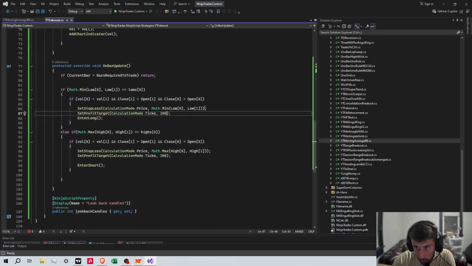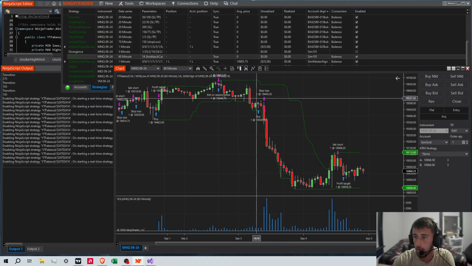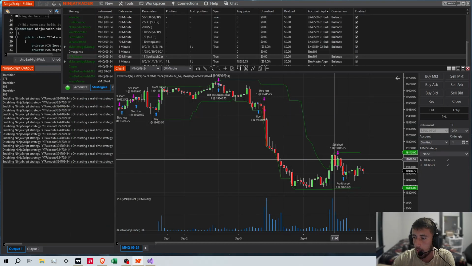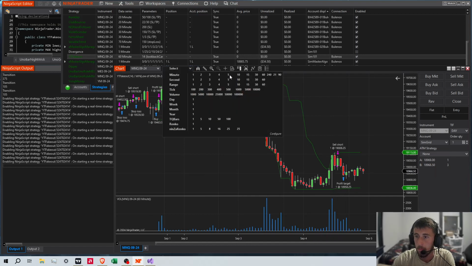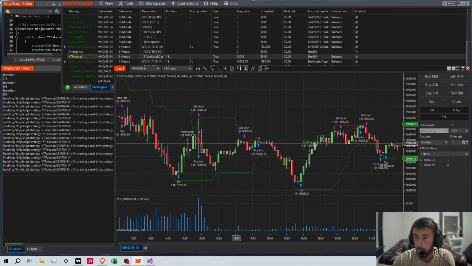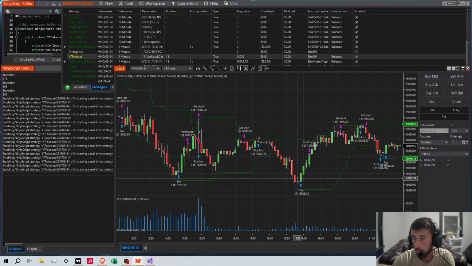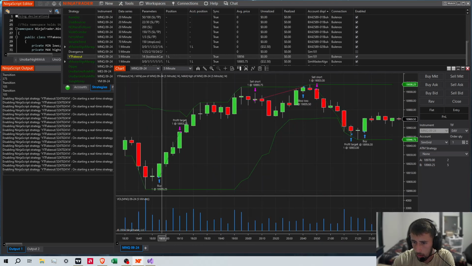So, to do that, we're also going to add that it has to be essentially an engulfing candle. Like here, we would not enter. Here, technically we wouldn't, unless that's a red candle.